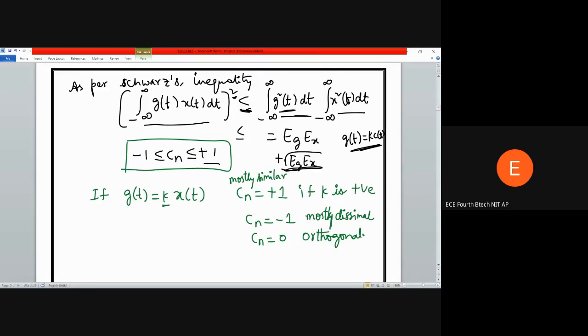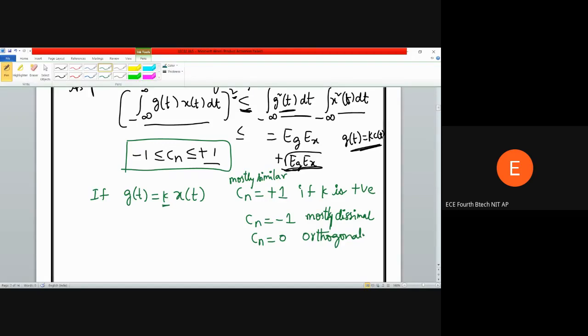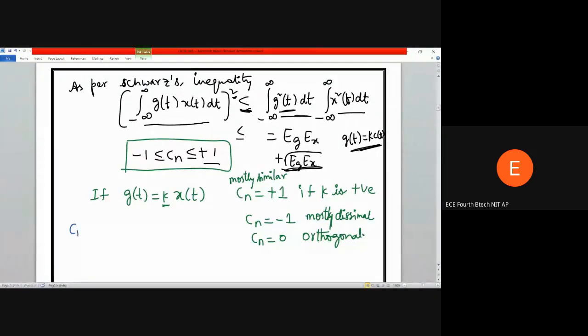Okay, so let's take an example so that we will be getting the similarity between the signals. Before going to that, I'll try to define the correlation coefficient Cn for the complex signals.